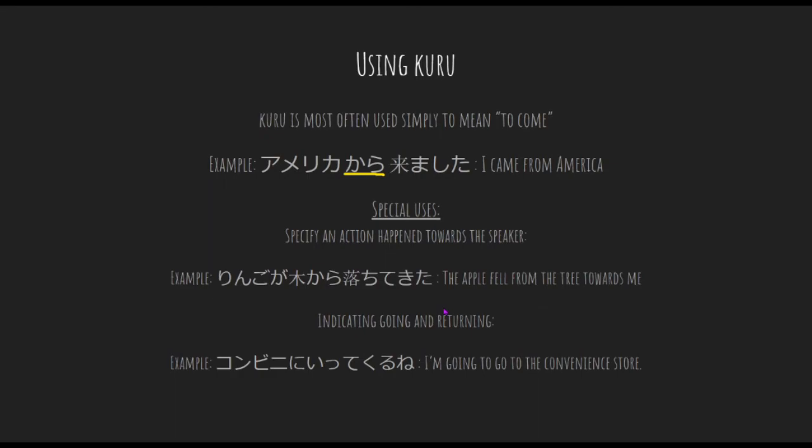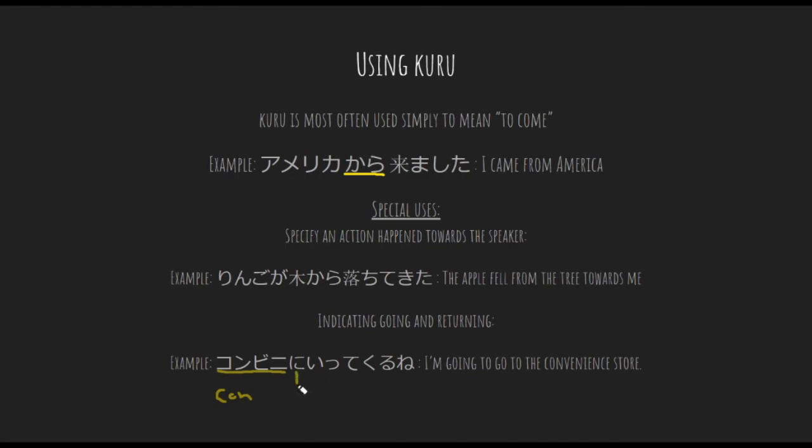And finally, kuru can indicate going somewhere and returning. Let's look at an example to understand this a little better: konbini ni itte kuru ne. Let's break this down. Konbini means convenience store, like your local 7-Eleven, with everything from food to stuff you'll always need.